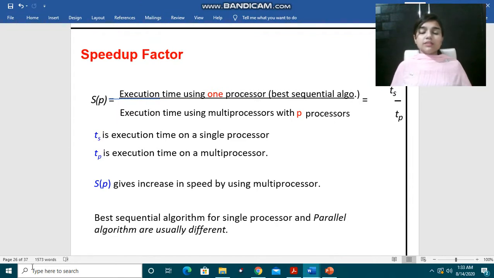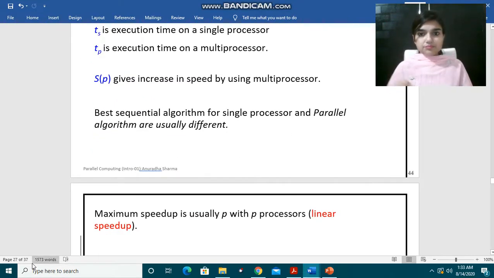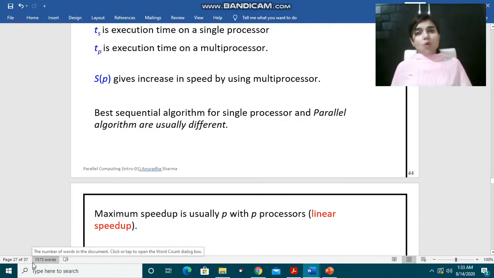Speed up always gives the increase in speed from using multiple processors. And there is always a difference between the time required to execute the best sequential algorithm on a sequential processor and the time required when the same problem is executed in the parallel environment. So the maximum speed up is usually P with P processors, that is a linear speed up.